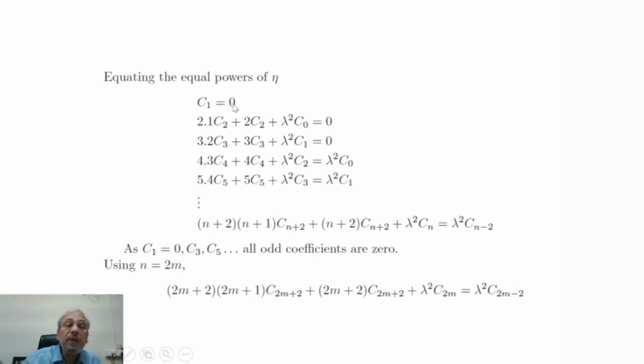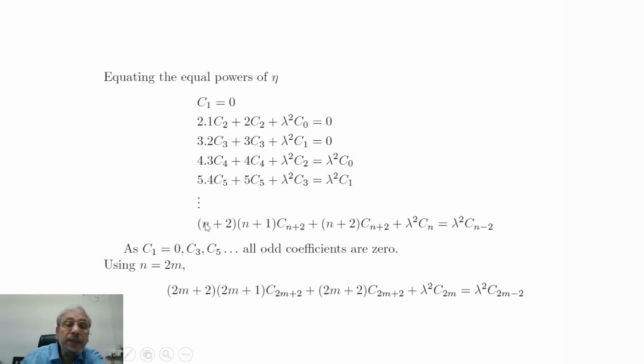Now we can see C1 equal to 0, and since C1 equal to 0, from the third equation we get C3 equal to 0, and since C3 and C1 equal to 0, from the fifth equation we get C5 equal to 0. This way we will get all odd coefficients as 0. So finally we get this equation.